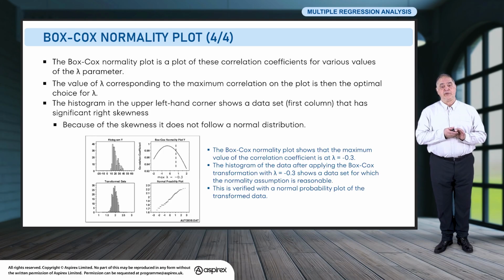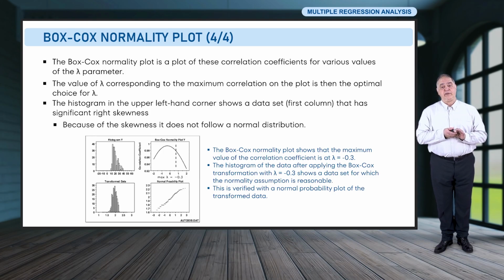However, because of the skewness, it does not follow a normal distribution. So, in these examples, we can see the transformation from a non-normal distribution into a data set that approximates normality.